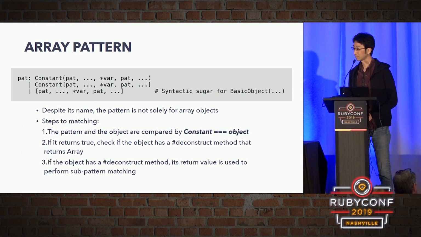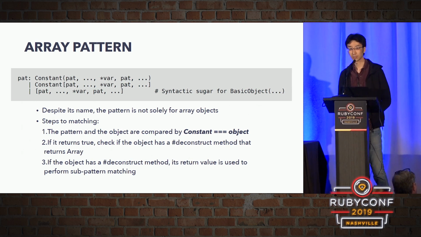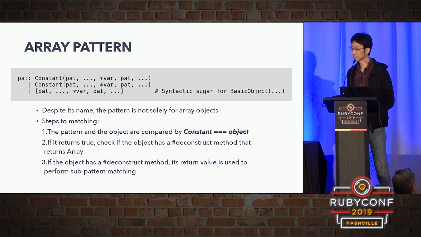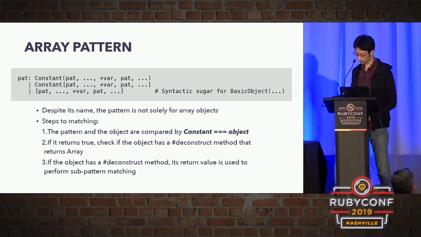And if the triple equal method returns true, check if the object has a deconstruct method that returns an array. And if the object has a deconstruct method, then its return value will be applied to the subpatterns of the array pattern, and the whole of pattern matching is done.